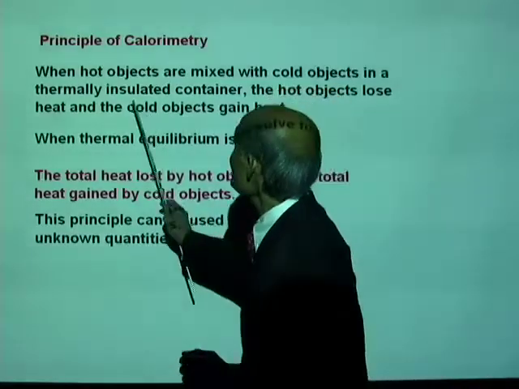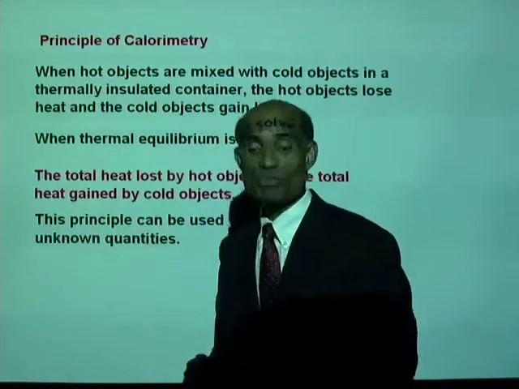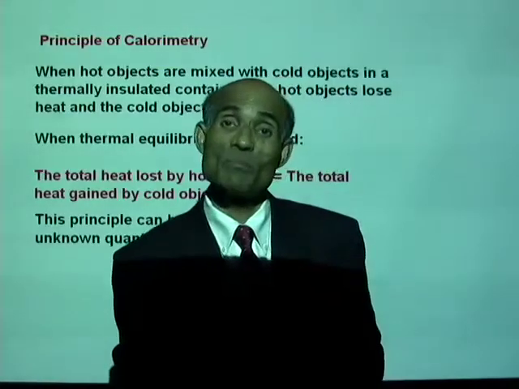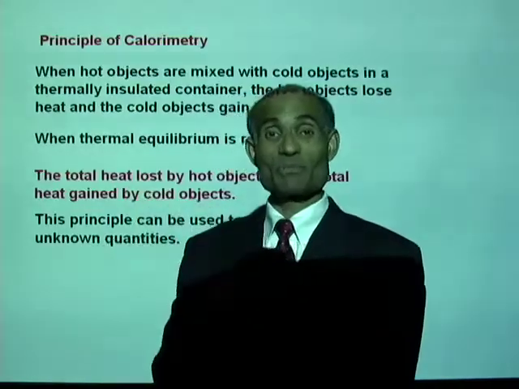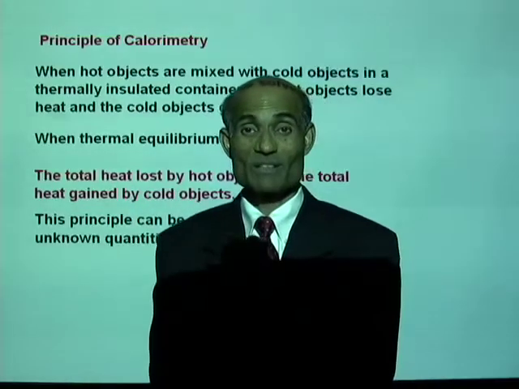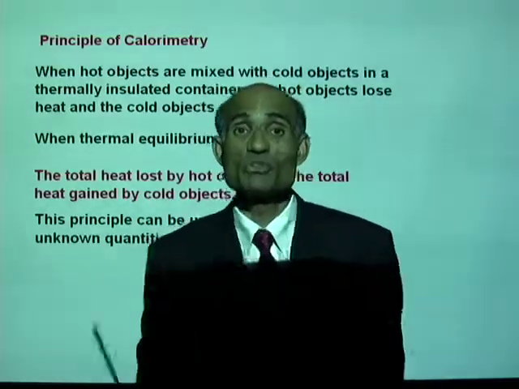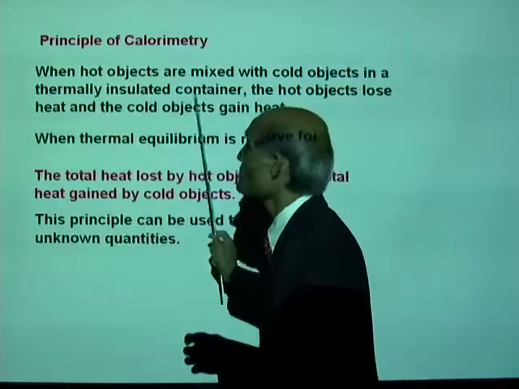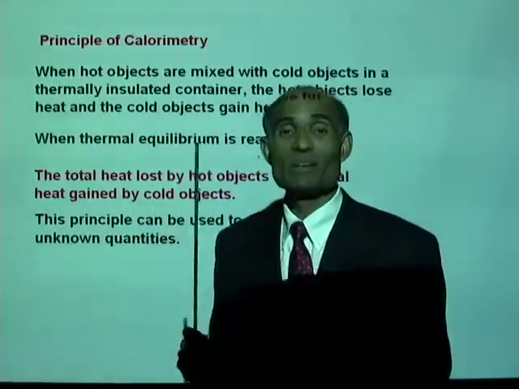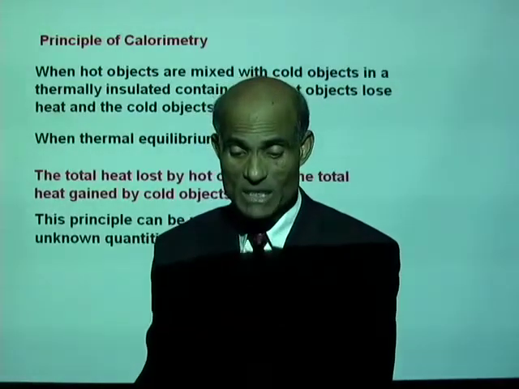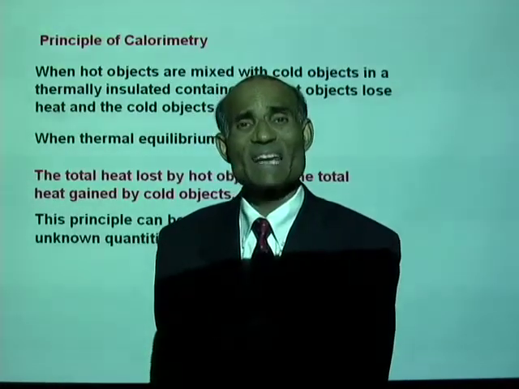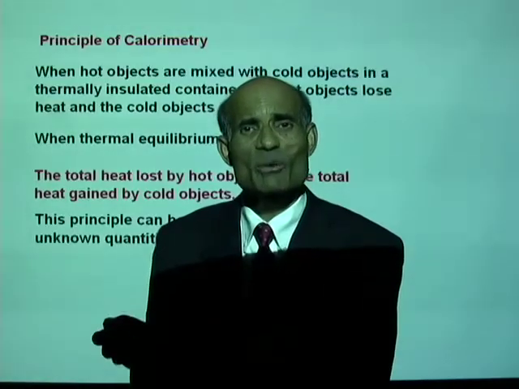And this insulated container that we use in the lab, if you come to the campus to do a lab in this kind of subject, we will be using this thermally insulated container to perform the experiment. And such a container is called a calorimeter.